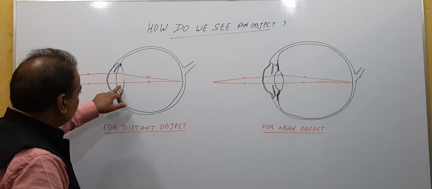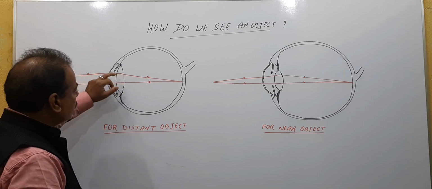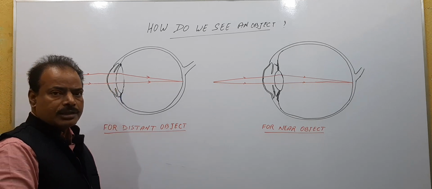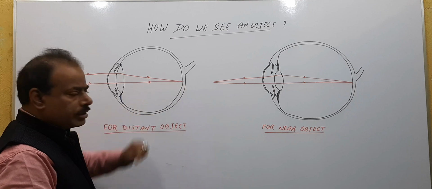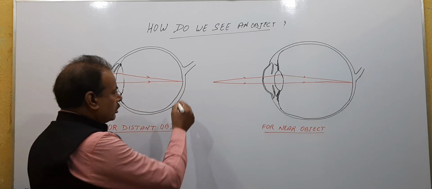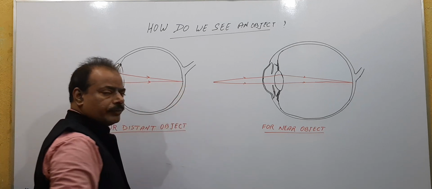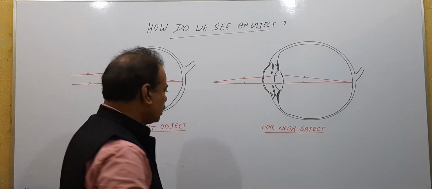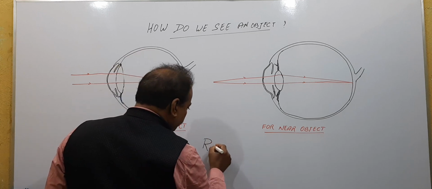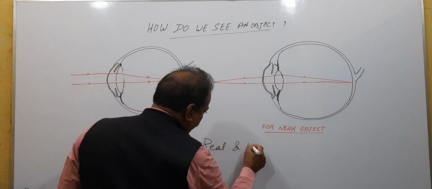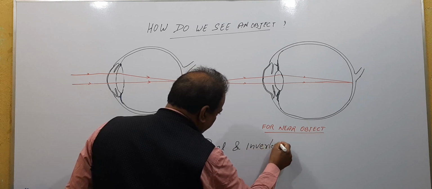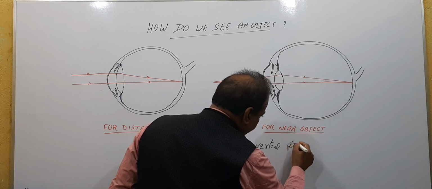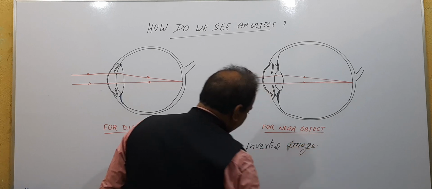And finally, the light rays after convergence by the cornea as well as by the lens reach the retina. At the retina, or yellow spot, the image forms, and this image is real and inverted. So a real and inverted image forms at the retina.